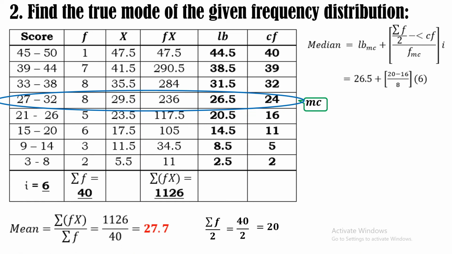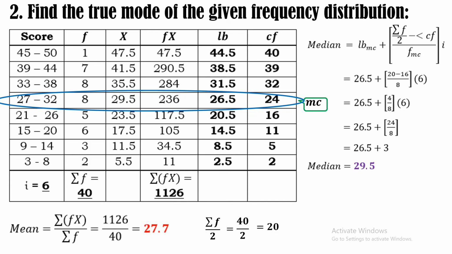Now simplify. We start with the difference of 20 and 16. So that is 4 times 6. So we have 24. Divided by 8 is 3. Add 26.5 and 3. That gives us 29.5.